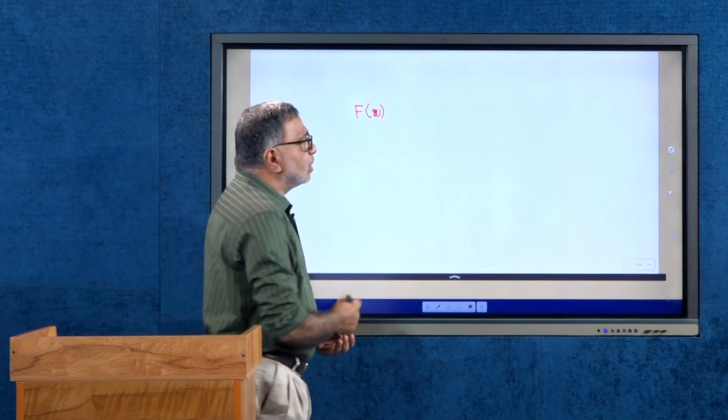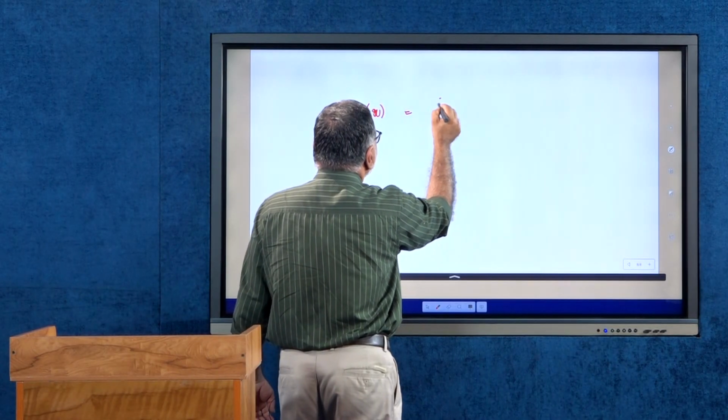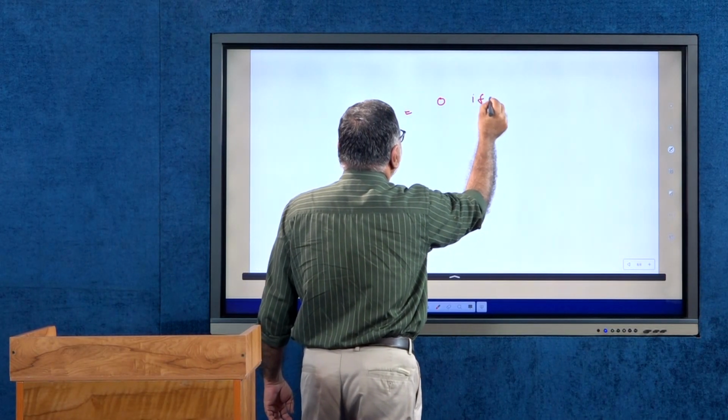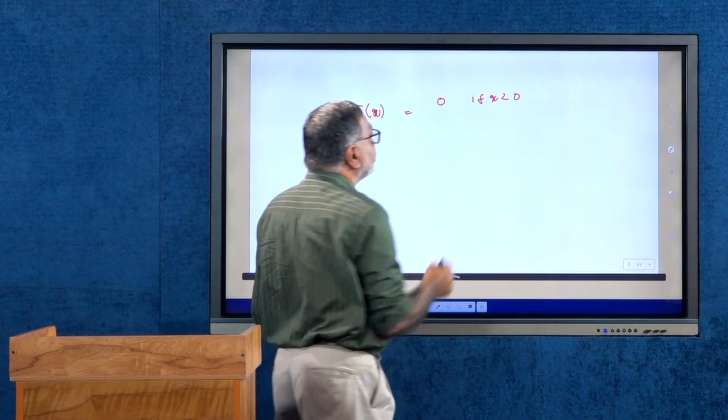So we can define the value of the distribution function f of x corresponding to that example. It is 0 if x is any value less than 0.